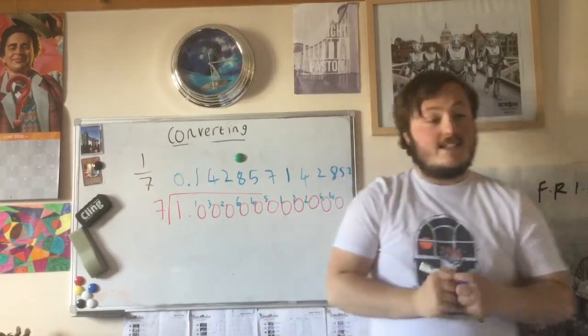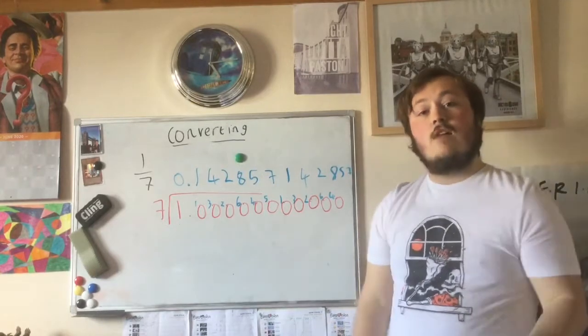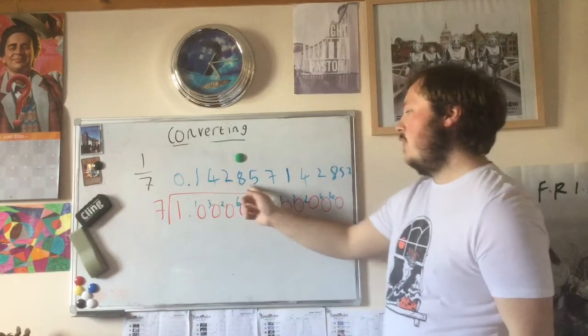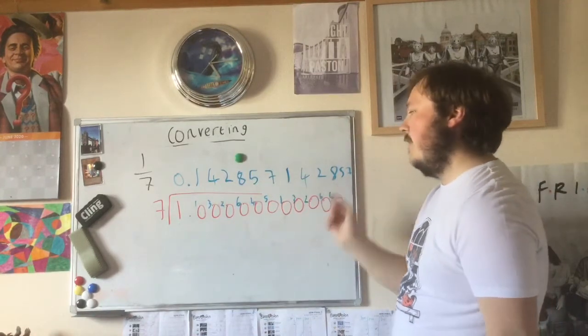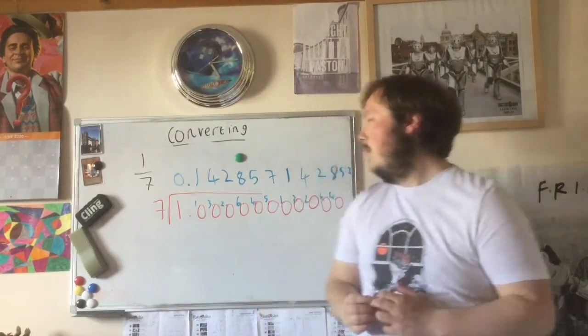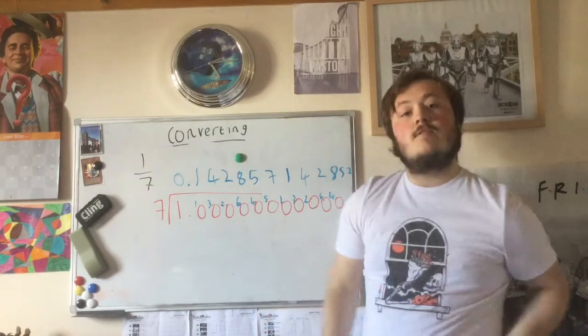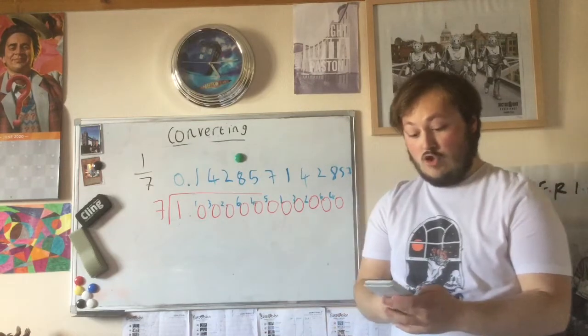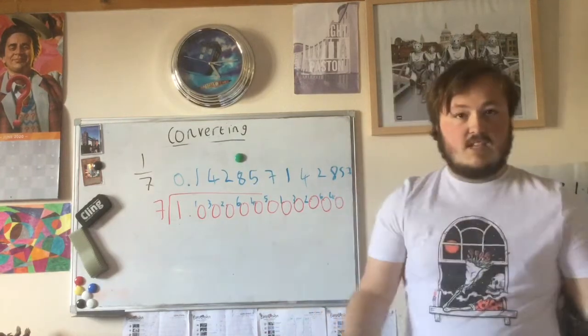Yes, it is actually a recurring decimal, because it goes 0.142857, 142857, and it will continuously go on like that. So the question is, how do we write it on a typical calculator?